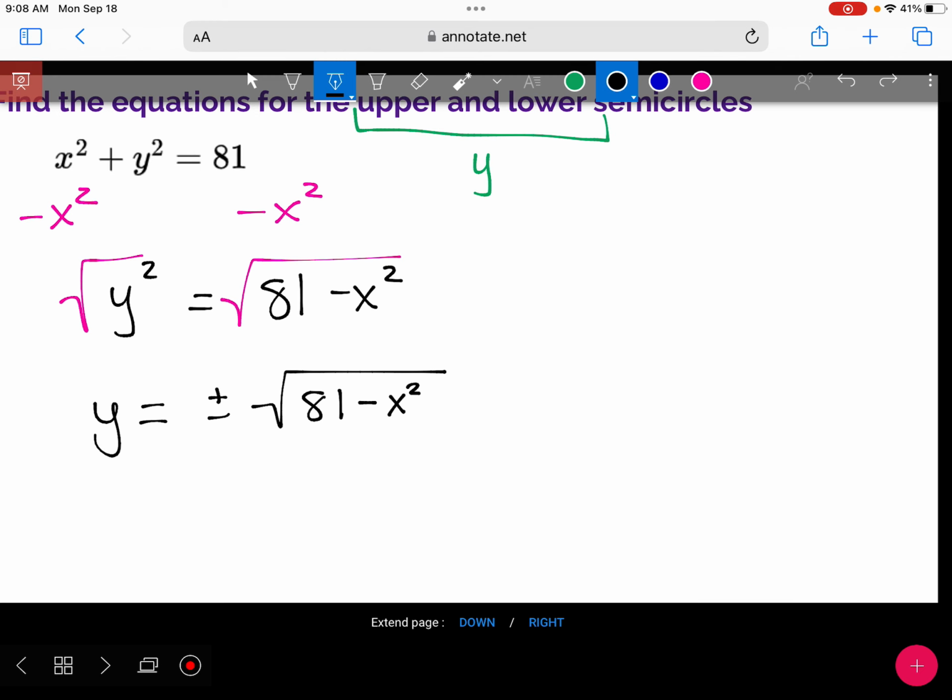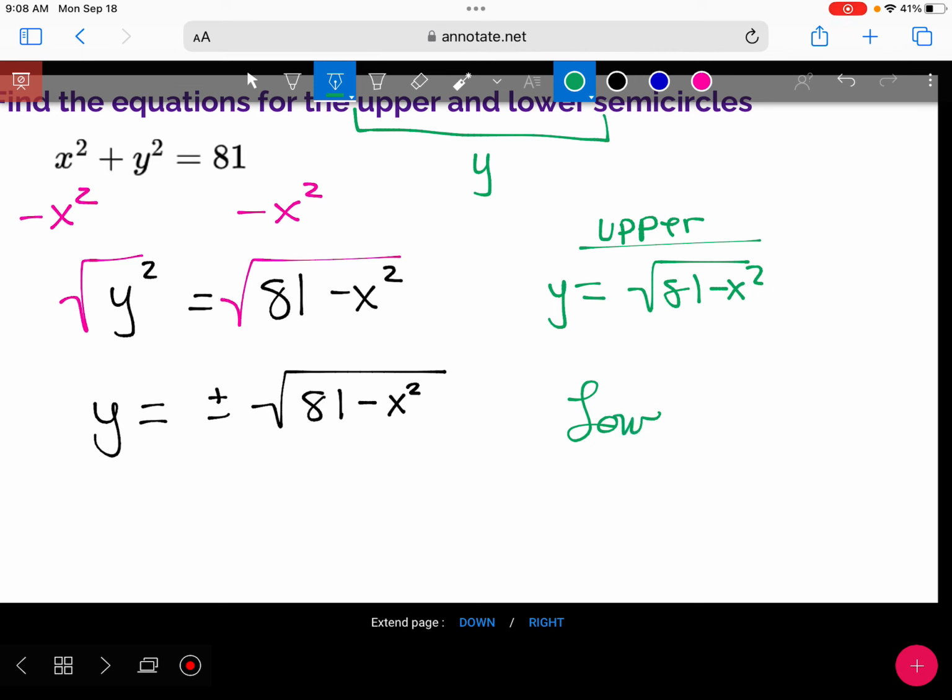So when we are looking for our equations for our upper semicircle, which one's going to be the upper half? Positive. y equals the positive square root of 81 minus x squared. For our lower semicircle, lower half, what's it going to be?